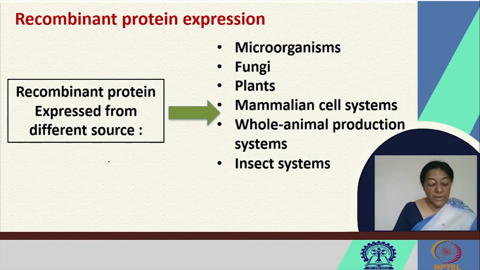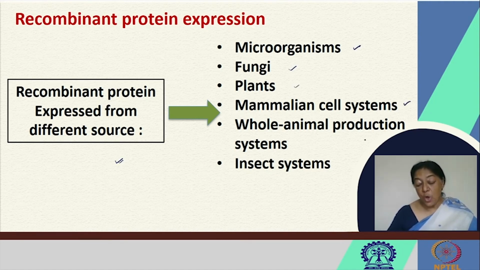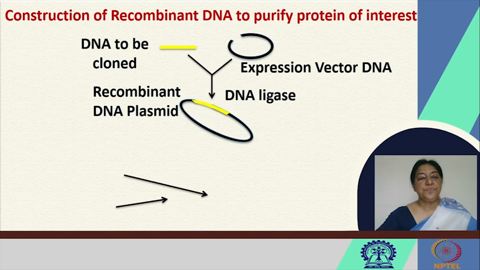The recombinant protein can be expressed from a different source, such as microorganisms, fungi, plants, mammalian cell systems, whole animal production systems, or even insect systems. We will see briefly how this is done.